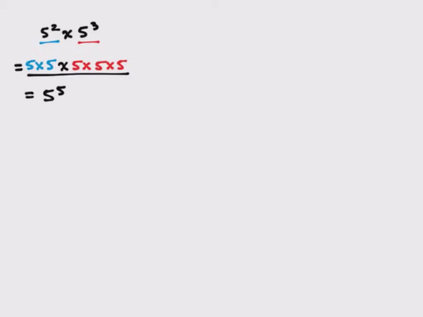Let's try another. How about negative 6 to the third power times negative 6 to the fifth power? Again, this is going to be an even bigger number than last time. But again, I think there's going to be a way to express this number in a nice, succinct, and user-friendly way. All right, let's explore. Like last time, we can write negative 6 to the third power as negative 6 times negative 6 times negative 6.